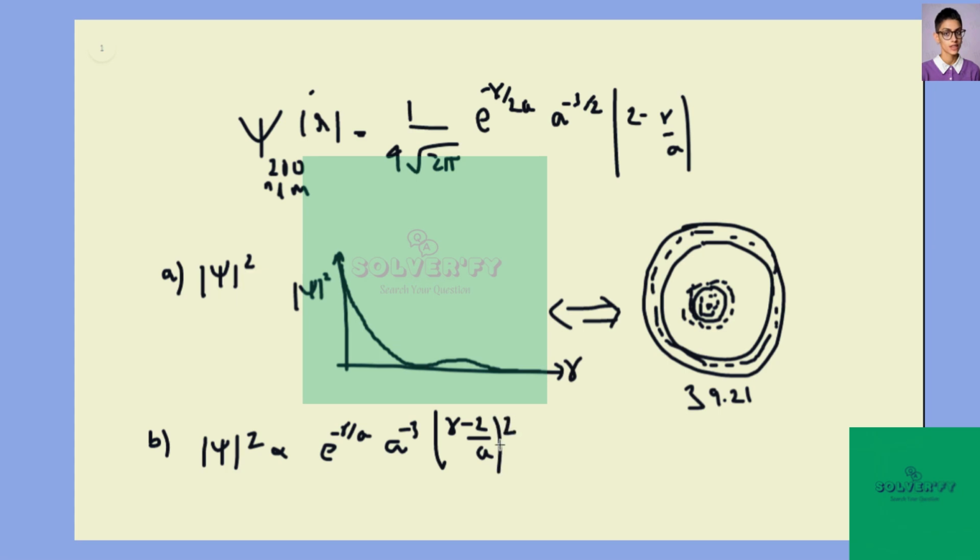In order to find out the maxima, we need to differentiate this function. So we differentiate this with respect to r, and we should equate this to 0.